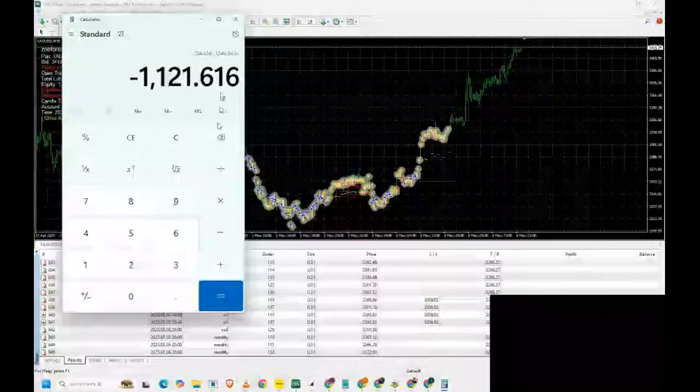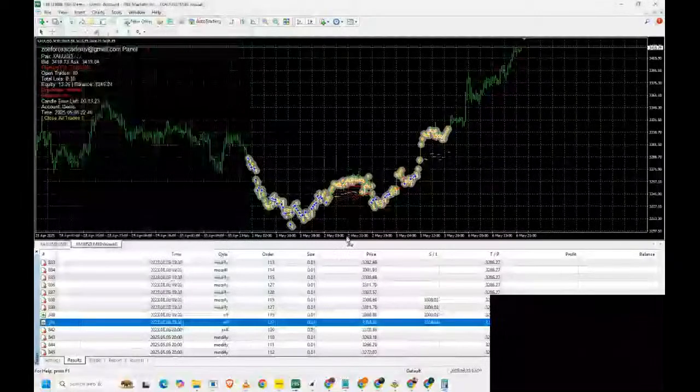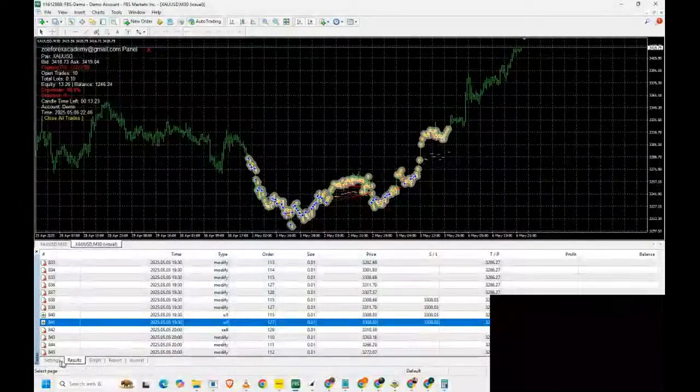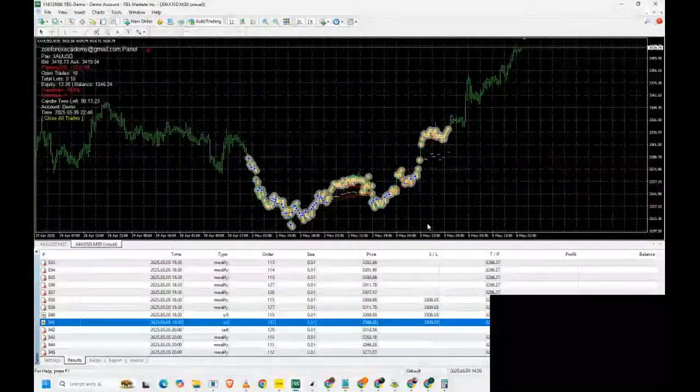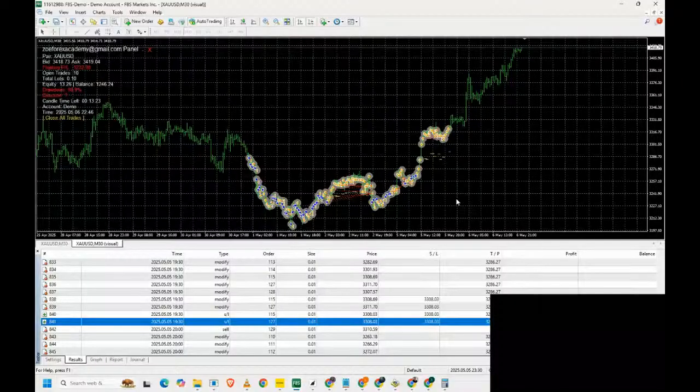So what I'm going to do now, with 1121.61, is go to the settings, and I would assume the bot has closed for the 5th of May and then starts again on the 6th.